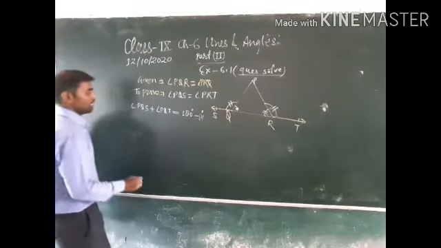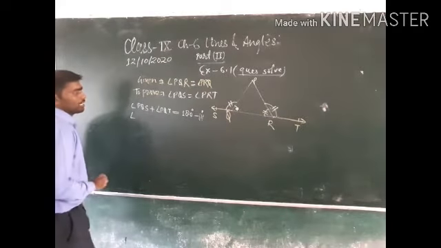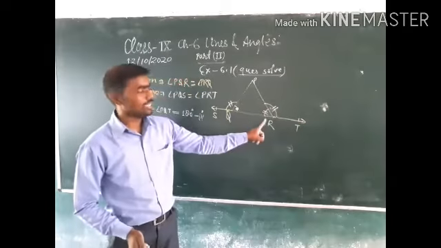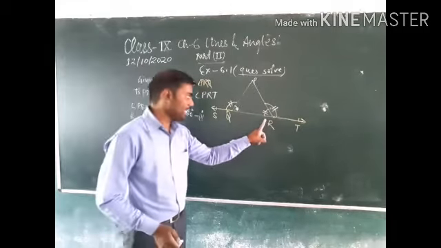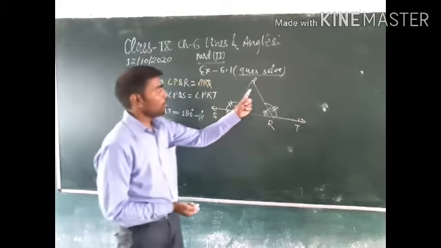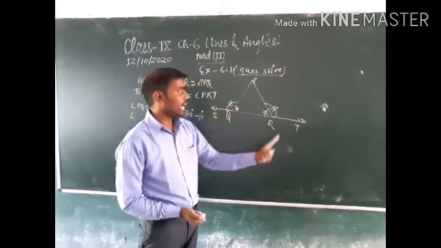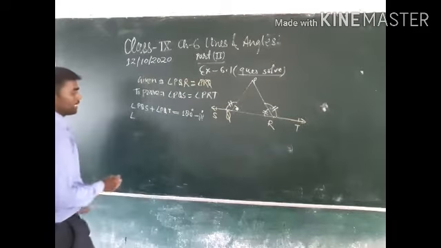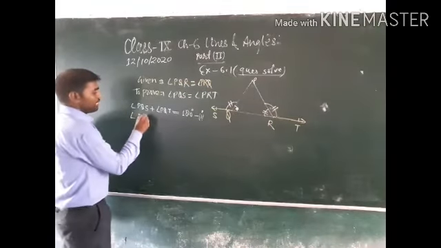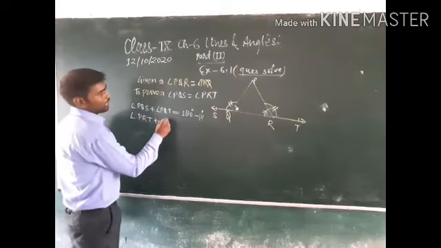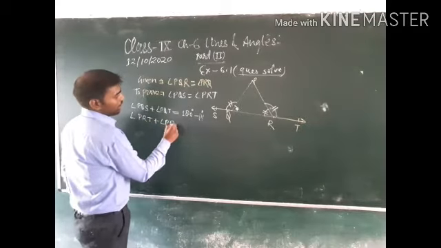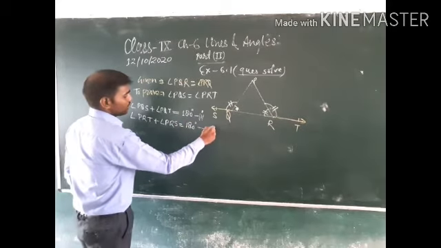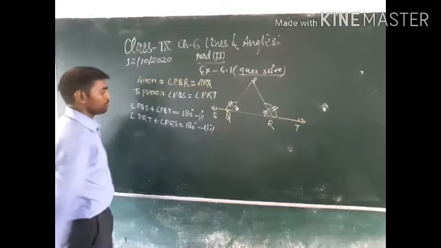And now QR is a line and PR is also a line. So by linear pair we can write angle PRT plus angle PRS is equal to 180 degrees. This is the second equation.